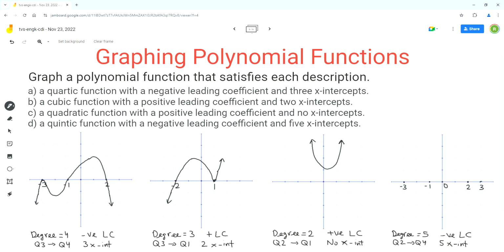Now we can show the end behavior. Now we can join these end behaviors through these x-intercepts. So this can be the graph of the function in part D.